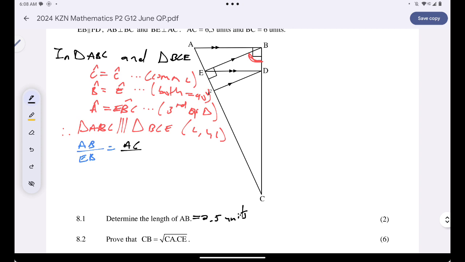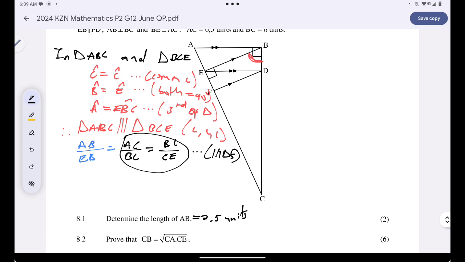And then angle E on the other triangle is subtended by BC. Okay, and then I have angle A. A is subtended by BC, and then angle EBC is subtended by what? By CE.